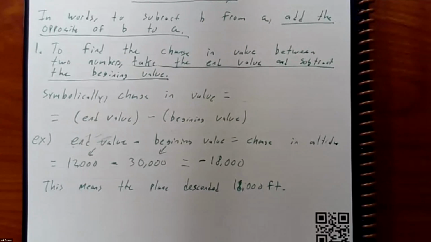All right, let's do the true or false. The sum of a number and its additive inverse is the number itself. Is that true or false? Now, if you add the additive inverse, what happens?